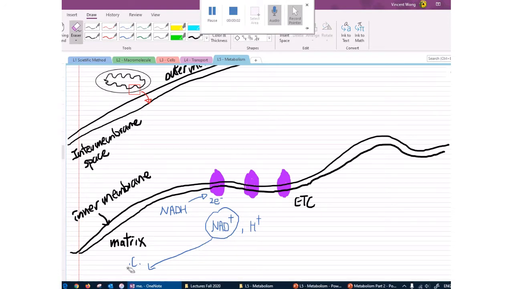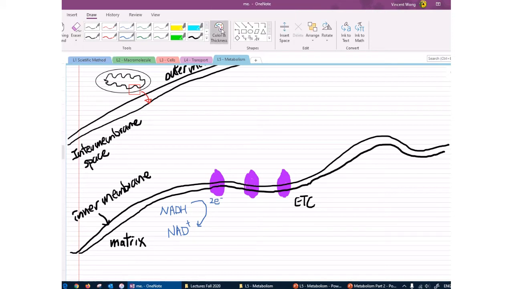Okay, so let's focus on these high energy electrons. Remember, they are deposited by the NADH. These electrons will be passed down the electron transport chain. It's like a game of hot potato. This one will pass the electron to the next one, and then it will pass the electron to the next one, like going down a slide.